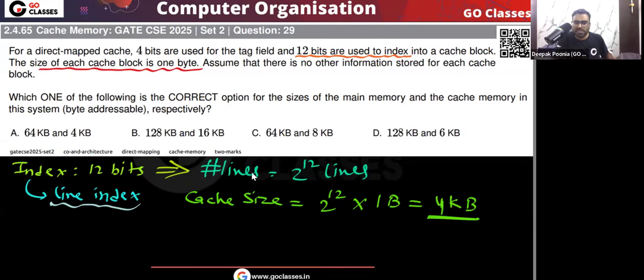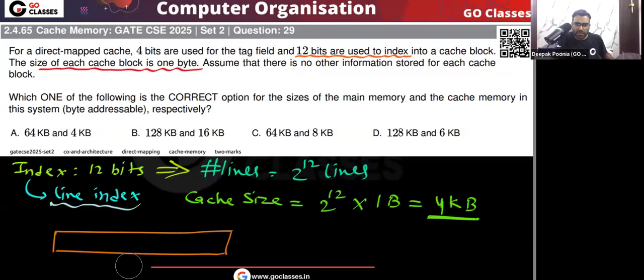And what about main memory size? You find for the main memory address how many bits we need. Remember, we know that the main memory address we can divide into three parts: tag, index, and offset.